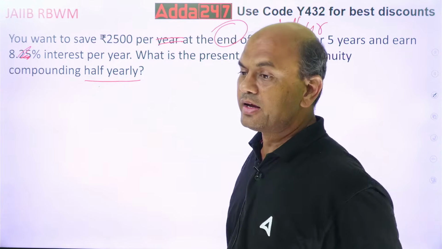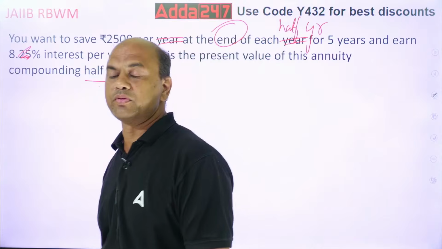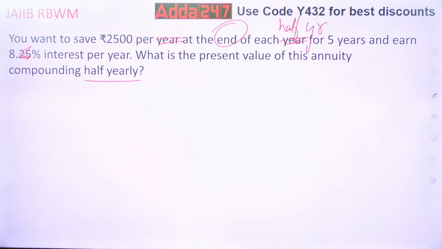End means which type of annuity? Is it ordinary or is it due?